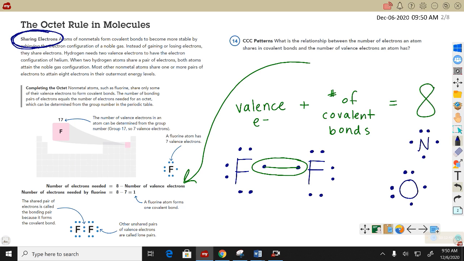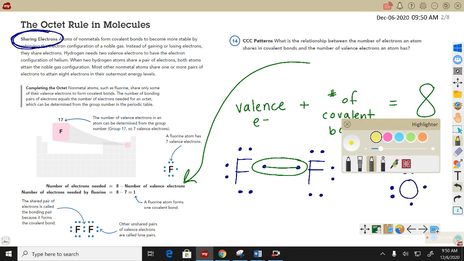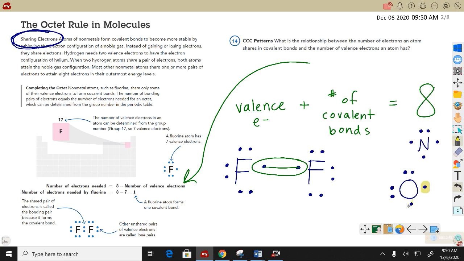So in oxygen, I'm going to want to covalently bond this one and this one. In nitrogen, I'm going to want to covalently bond these. The bonding will occur wherever I have single electrons. So you can think of it this way: the number of valence electrons plus the number of bonds has got to equal 8. We've got to get our octets.